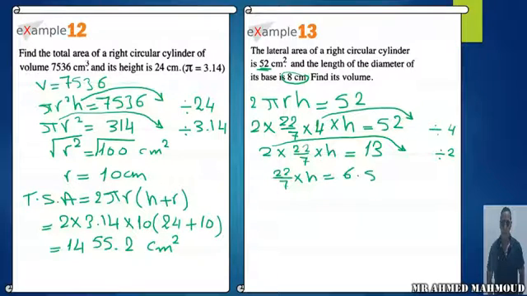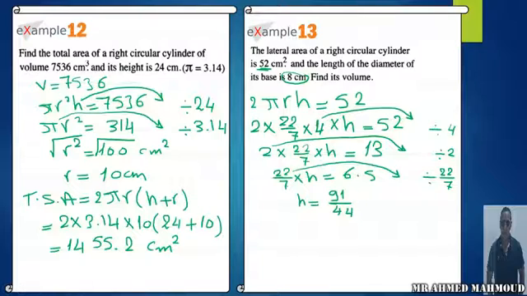Now I'm going to send the 22 over 7 to the other side, divided by 22 over 7, then h equals 91 over 44. Okay, now I have the height equal to 91 over 44 and I have its radius equal to 4.